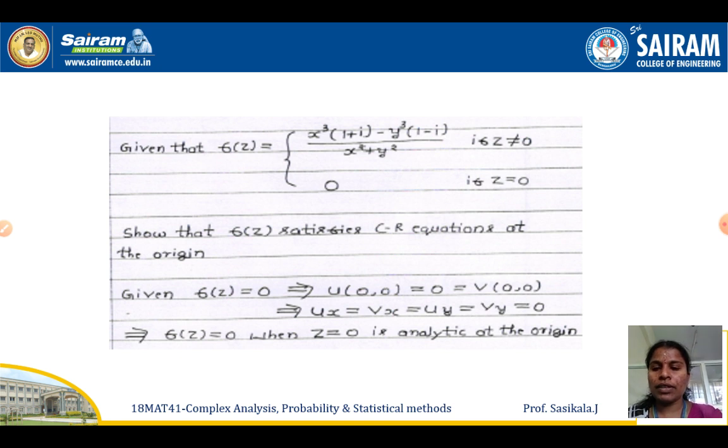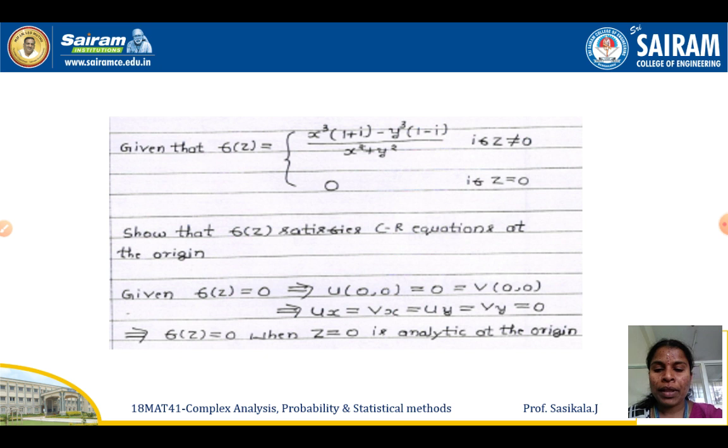So first we will write, given f of z is equal to 0, that implies u of 0 comma 0 is equal to 0, which is equal to v of 0 comma 0. So z is equal to 0 means the functions also will be 0, that is u of x comma y and v of x comma y are 0. Then ux, vx, uy, vy, the differentiation of u and v with respect to x and y, also will be 0.